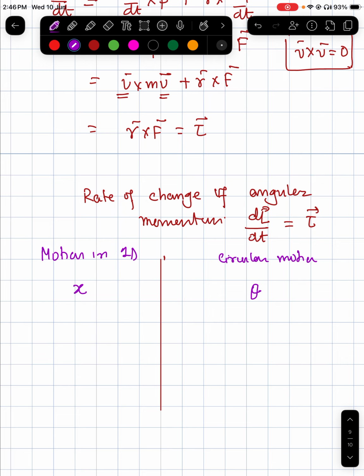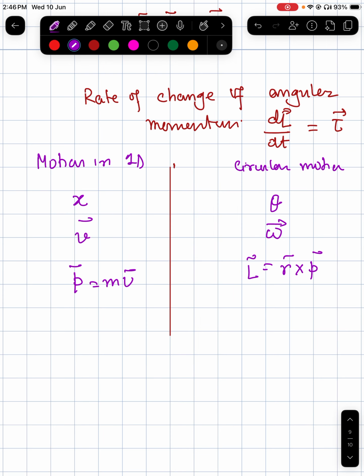Okay. In motion in 1D, the velocity is given by v. Here we have defined a new kind of velocity, called the angular velocity. In the motion in 1D, I have defined the linear momentum p, which is p equal to mv. And here we have defined a new quantity that is called the angular momentum, that is r cross p.